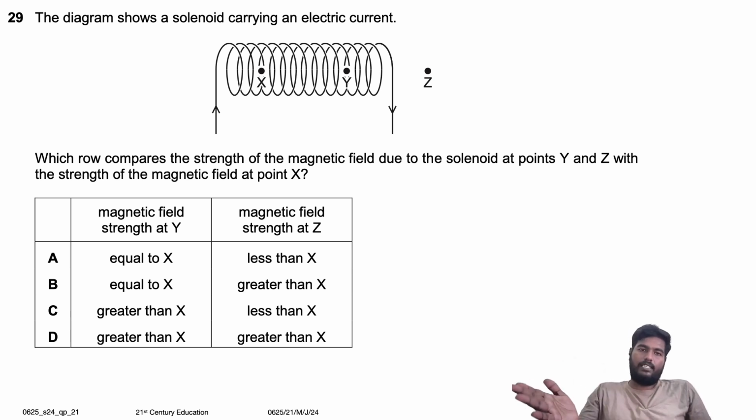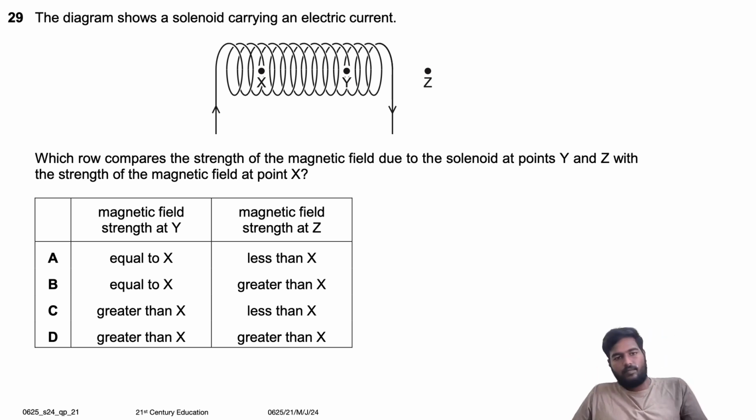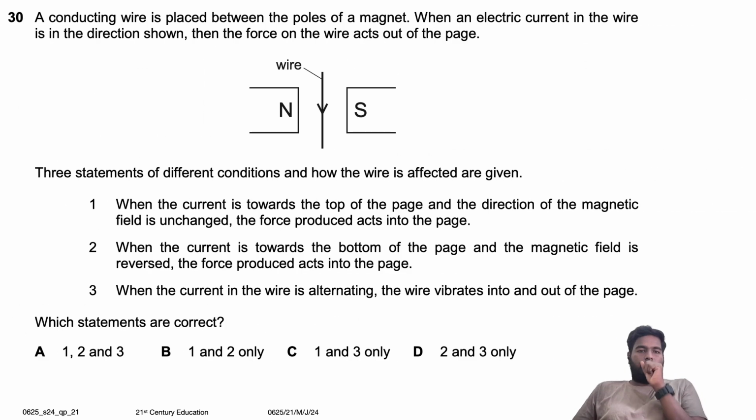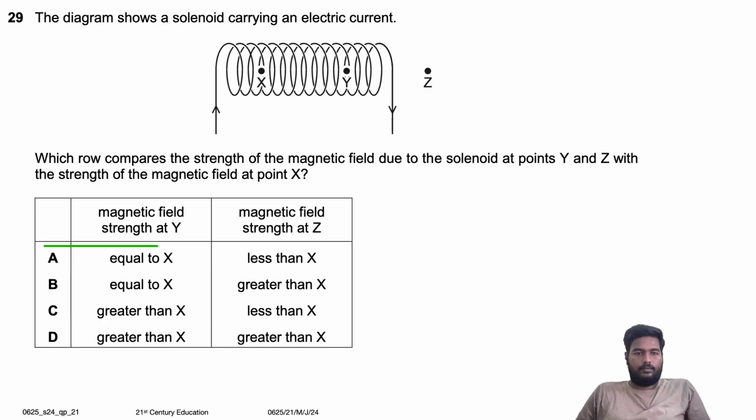Z is outside the coil, so the magnetic field lines diverge at Z. So magnetic field at Y is equal to X, magnetic field at Z is less than X.